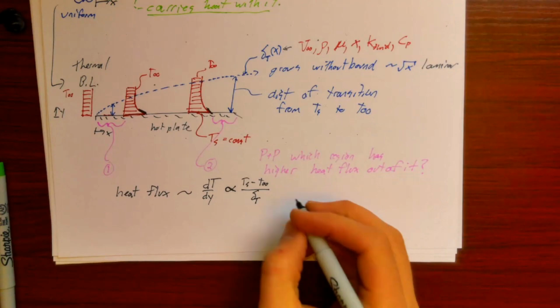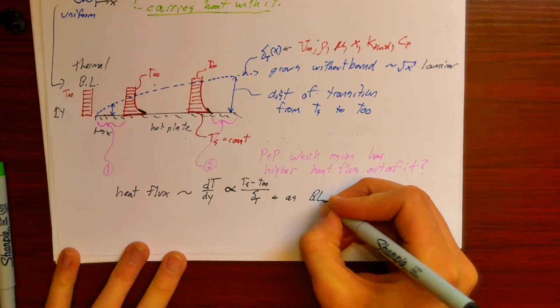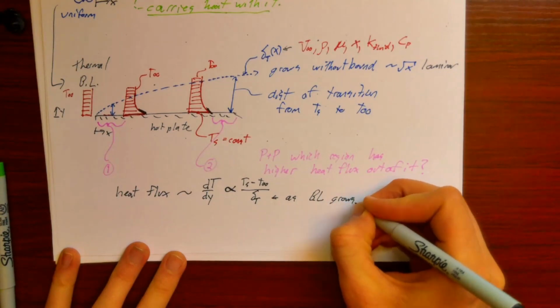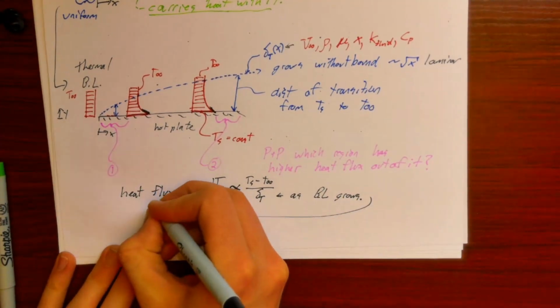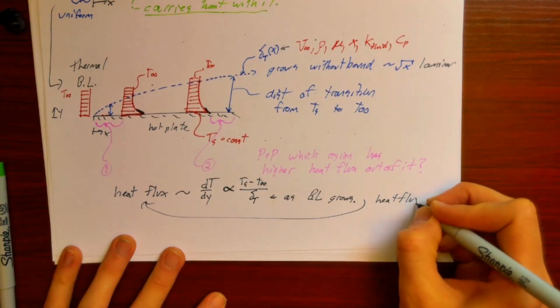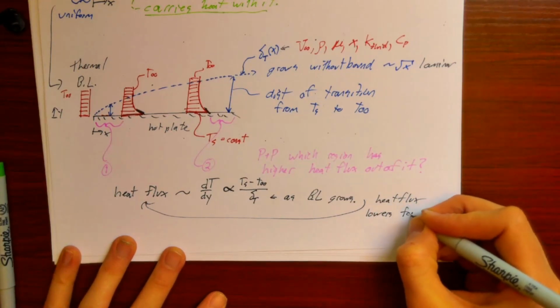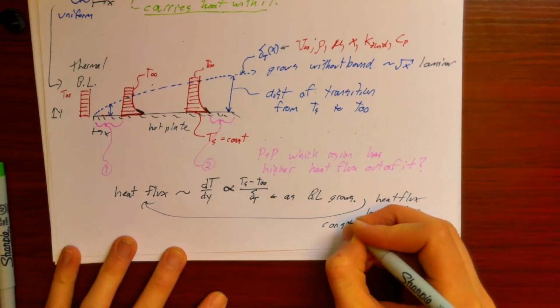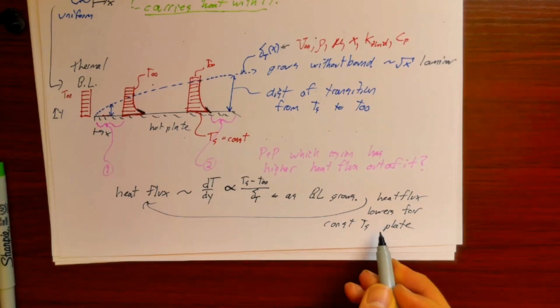So if we think about it, as the boundary layer grows, heat flux lowers for a constant surface temperature plate. So what does that mean?